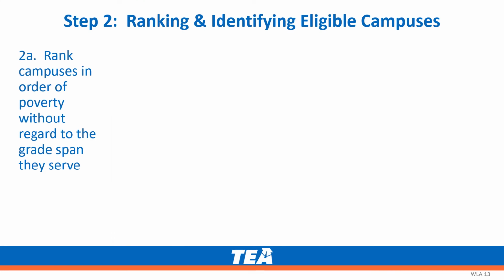In step 2, the LEA begins a process of ranking and identifying eligible campuses by ranking campuses in order of poverty without regard to the grade span they serve.